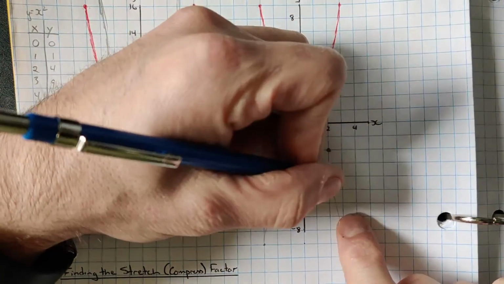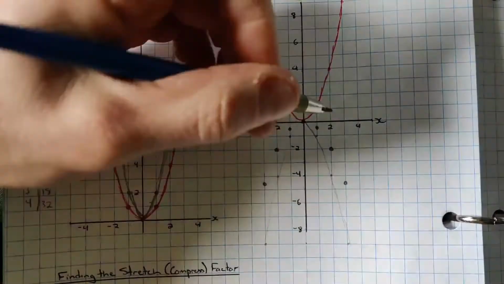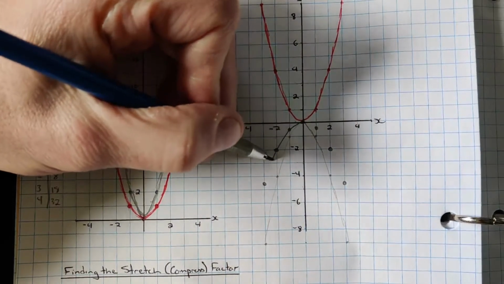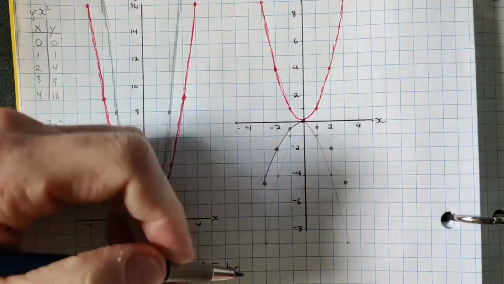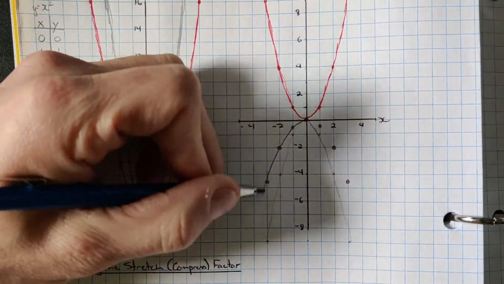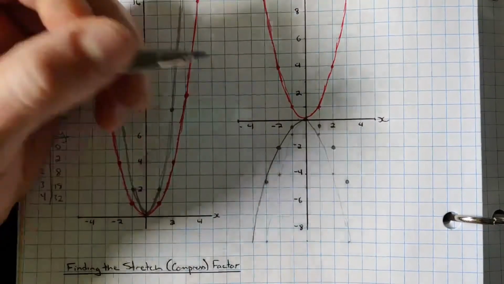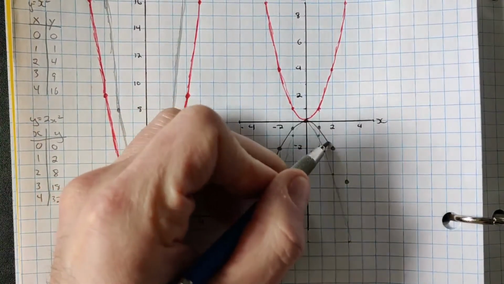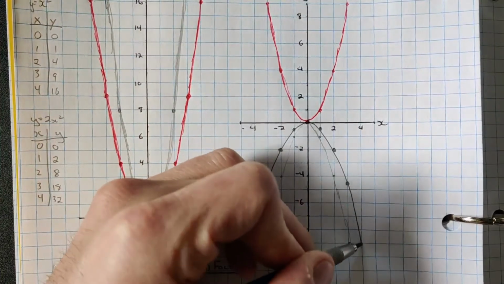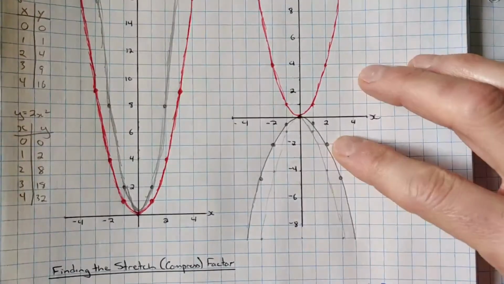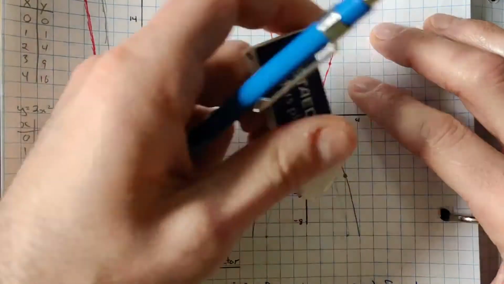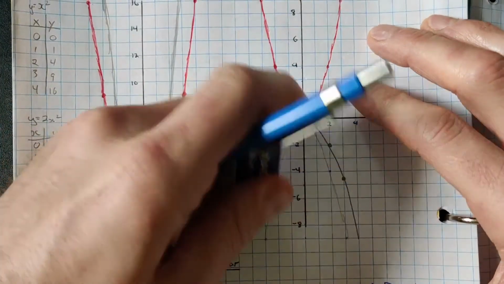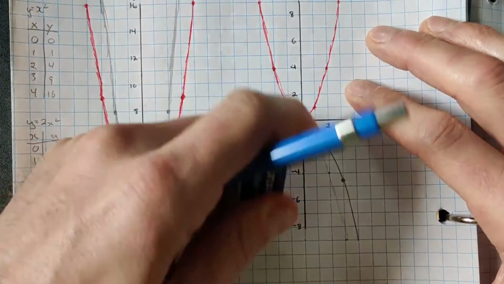So I'm going to put these a little bit bigger, a little bit bolder. And now I'll connect those dots. And actually the negative 4 is going to end up being negative 8 because 4 squared is 16. That one's a little bit off. Curve that a little bit more.